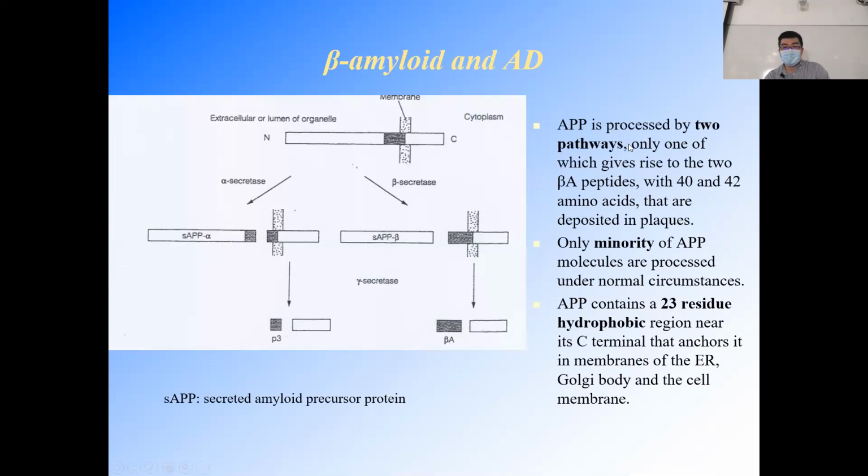APP is processed by two pathways, and only one of the pathways gives rise to the A beta peptides with 40 or 42 amino acids. The A beta 42 is the one that is more toxic, as found in studies. There's another pathway that will process the APP into another peptide, and so that's the reason why the A beta peptides are the problem.